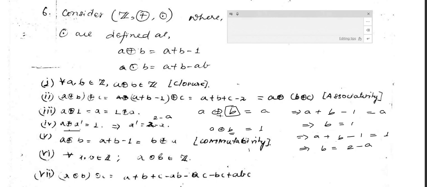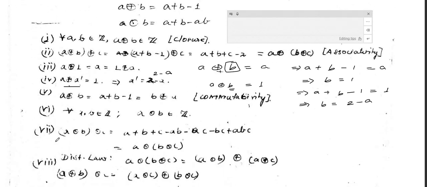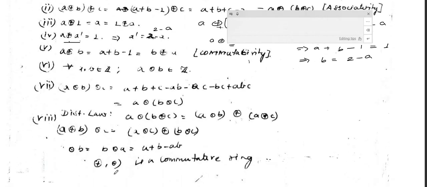Again we can easily have the closure property, and associativity, and distributive laws can also be checked easily. So we have even the commutativity with respect to circle dot to be true, and so this R, this Z, and this circle plus and circle dot form a commutative ring.